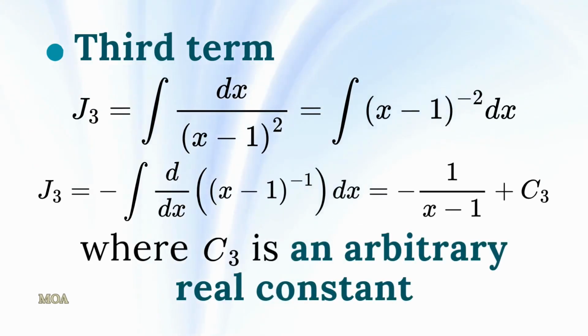Finally, the third term, J3, is the integral of dx over x minus 1 squared. This can be written as the integral of x minus 1 to the power minus 2. Its integral is minus 1 over x minus 1 plus an arbitrary real constant denoted c3.